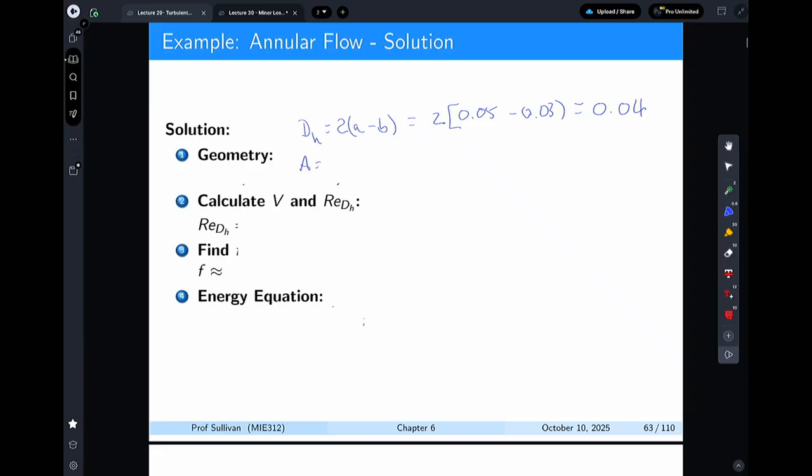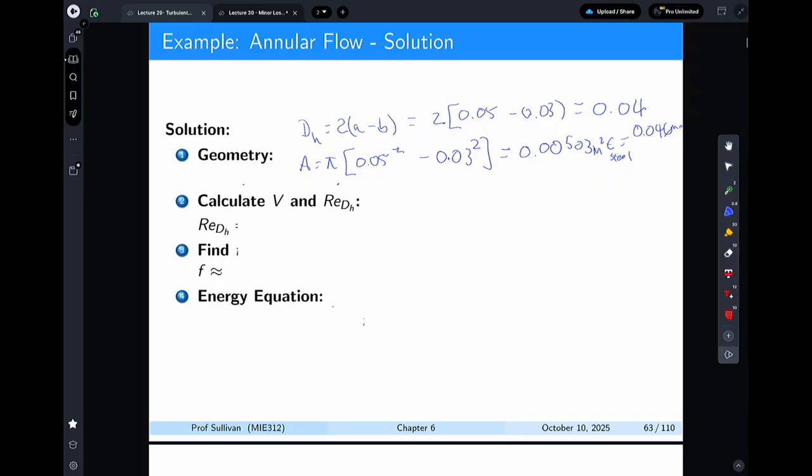The cross-sectional area is pi times (0.05 squared minus 0.03 squared), and you end up with 0.00503 meter squared. And epsilon for steel is 0.046 millimeters. Make sure I got all that.